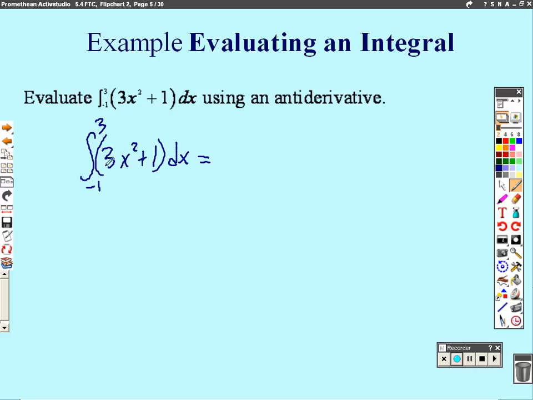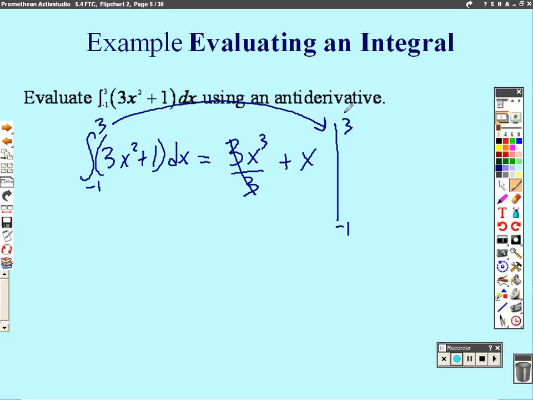So if I integrate 3x squared, it becomes 3x cubed over 3, and those 3's are going to cancel. If I integrate 1, like I said, if it's missing a variable and you're integrating, you're just going to pick up that variable, so it's going to be plus x. All right, now what happens here is this integral sign changes, it kind of morphs, and it becomes a straight line. The 3 is still up top, and the -1 is on the bottom.